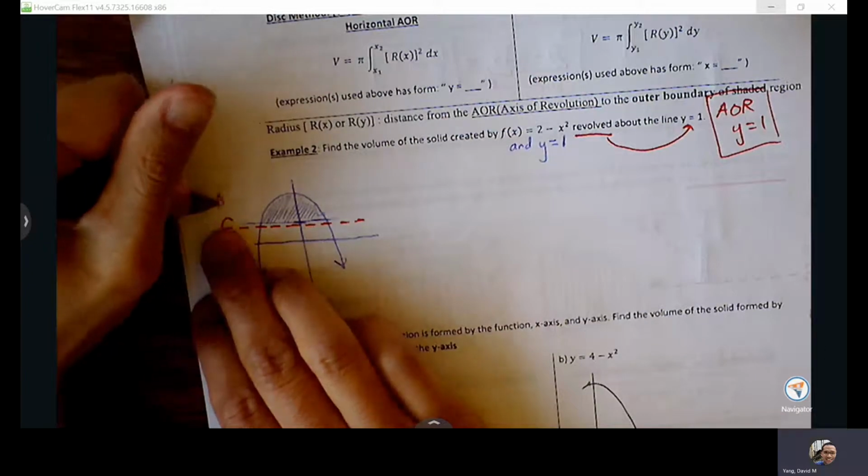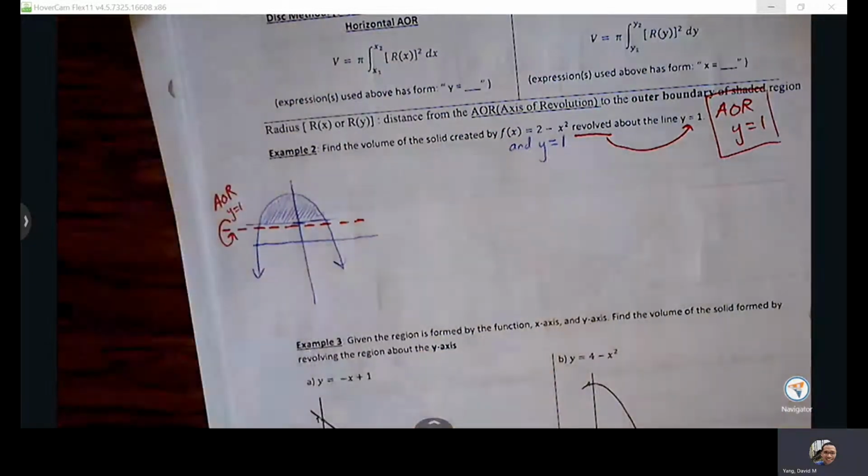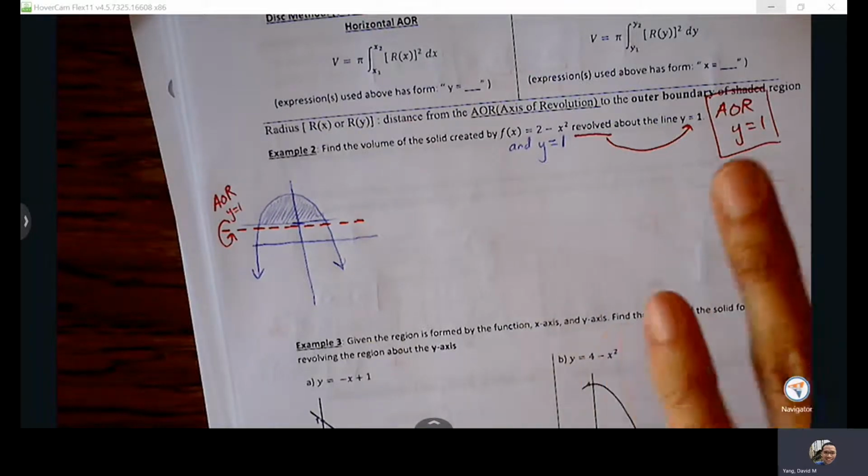Right now, I just want you to observe the placement of these dotted lines. You're going to see that all these dotted lines are right up against the flat surface of your shaded region. You're not going to see any gap between the dotted line and the shaded region. That's to ensure that we can use this method that we're talking about today.